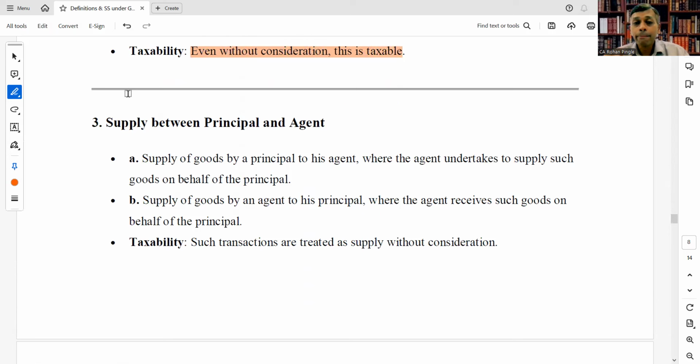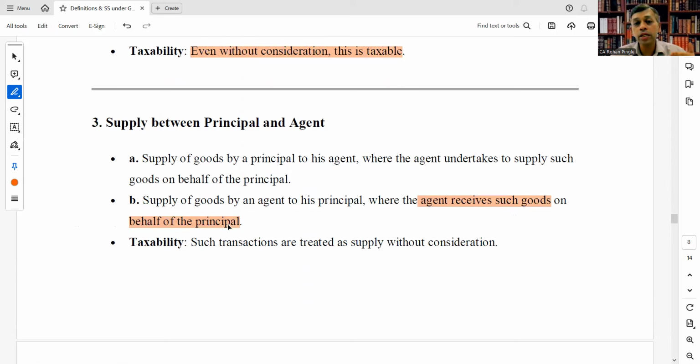Supply of goods by a principal to his agent, where the agent undertakes to supply such goods on behalf of the principal. Supply of goods by an agent to his principal, where the agent receives such goods on behalf of the principal.